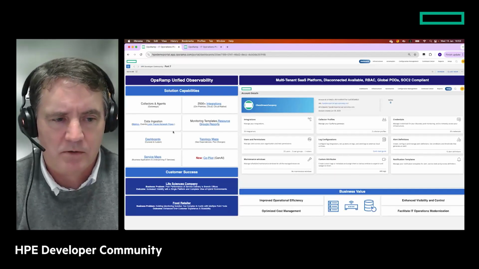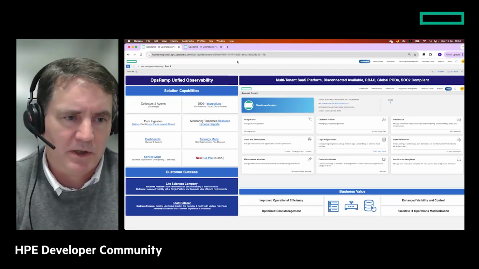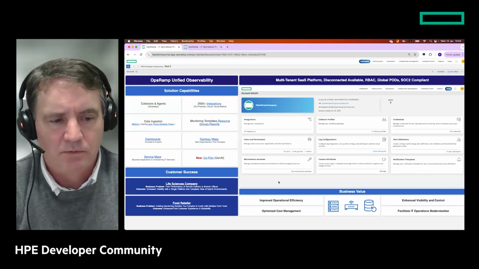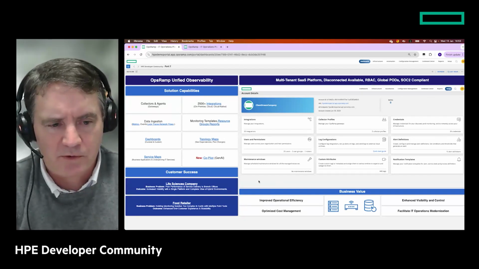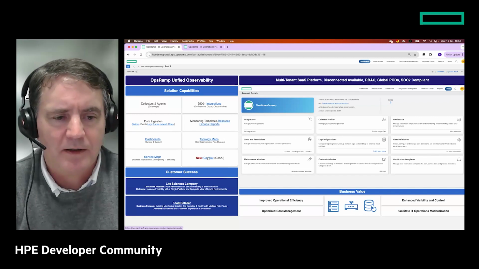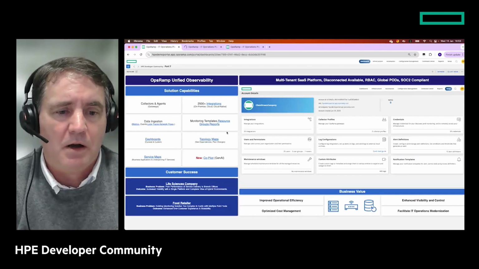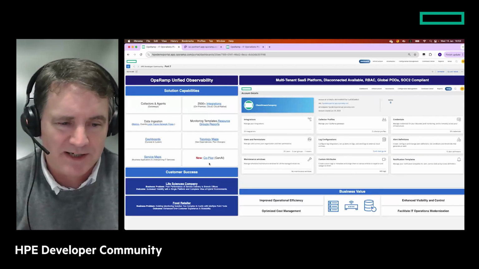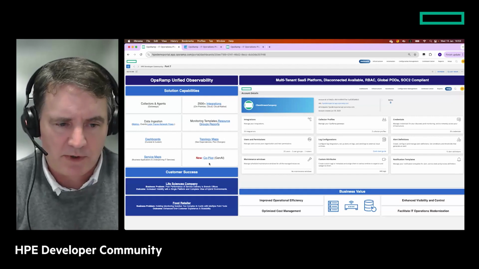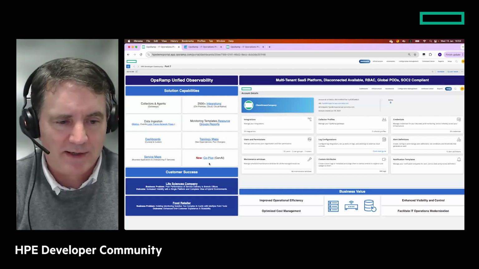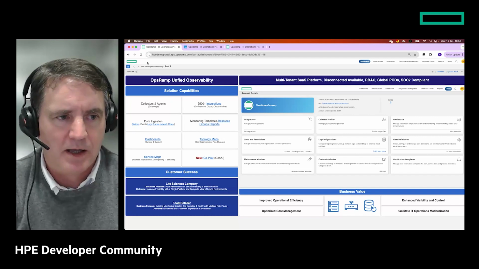Again, very, very critical to achieving the outcomes that customers are looking for. I'm not going to go through all the capabilities, but one thing we are offering is the ability to use Gen AI to ask questions about the system. This is really the future direction. So the dream is going to become a reality.